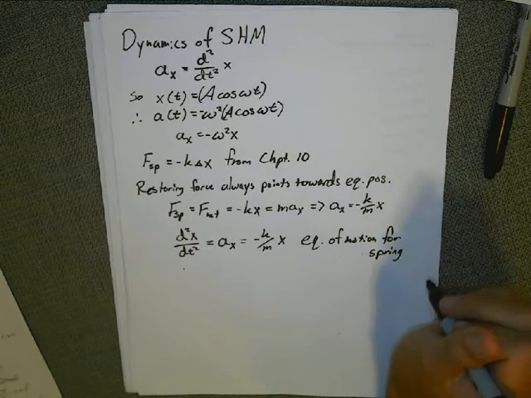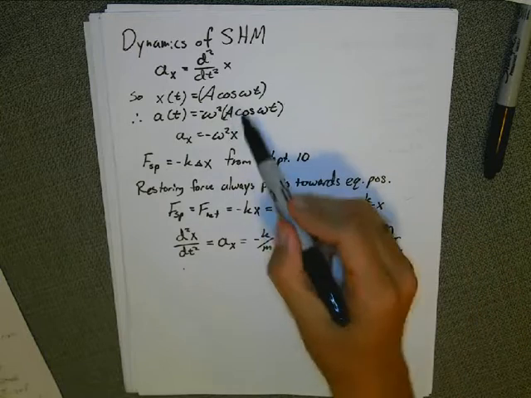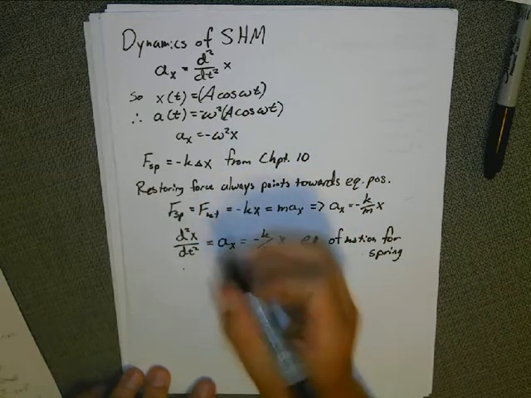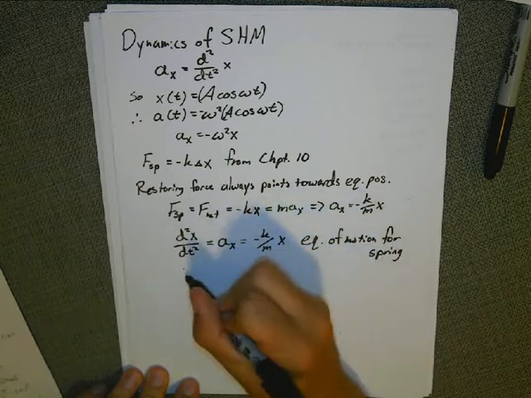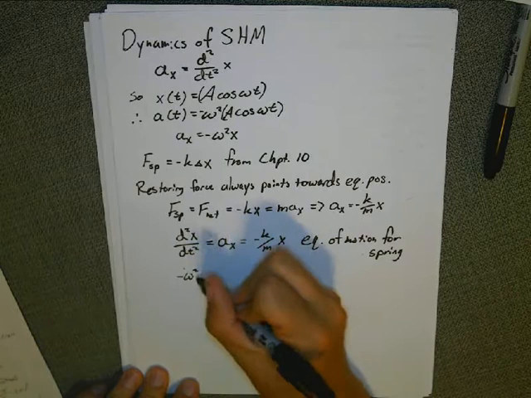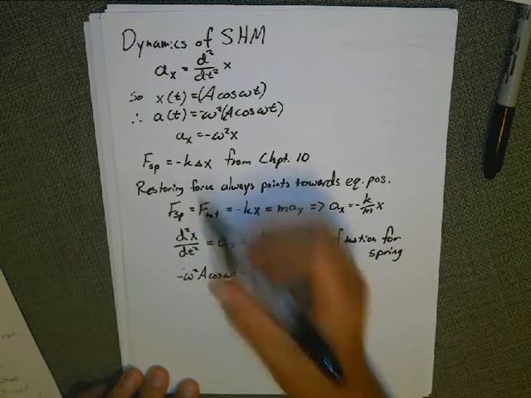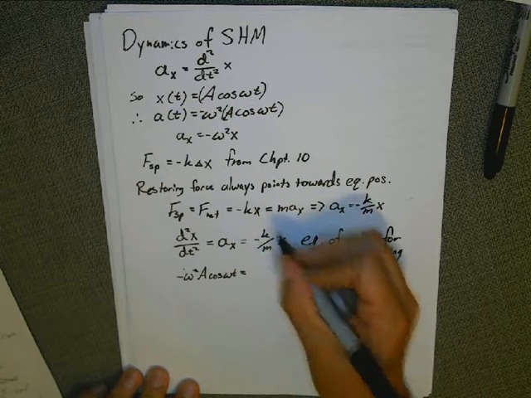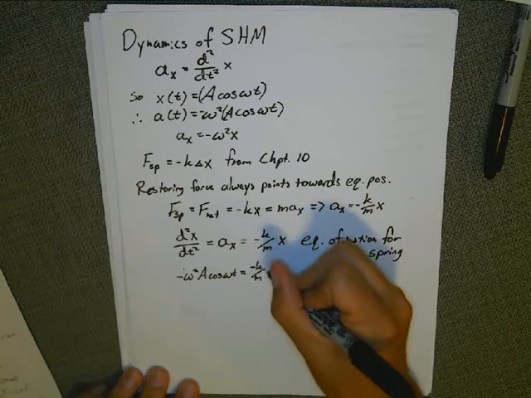And lastly, if we take the functions from above and plug them in, we plug in negative omega squared A cosine omega t, because that's what a is equal to here, and then x is equal to A cosine omega t.